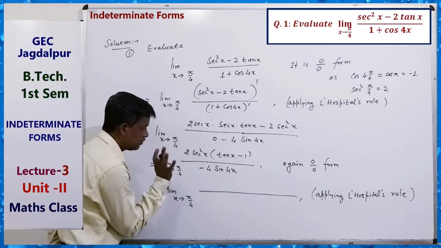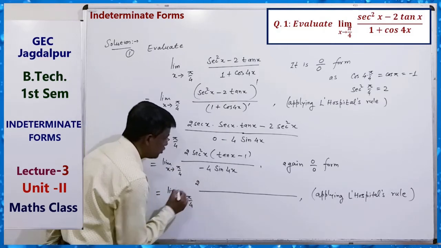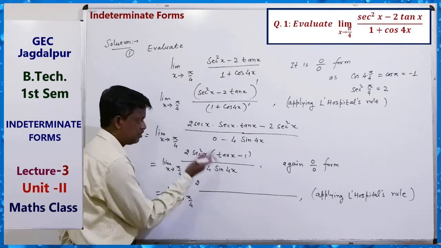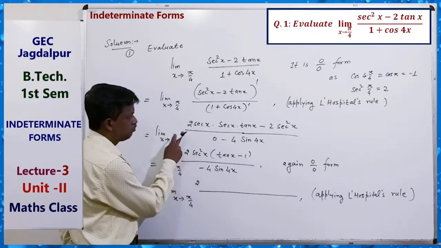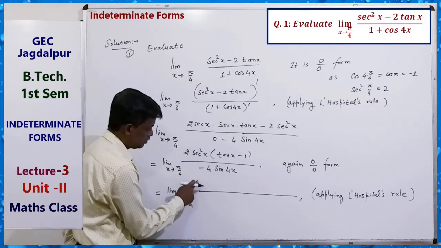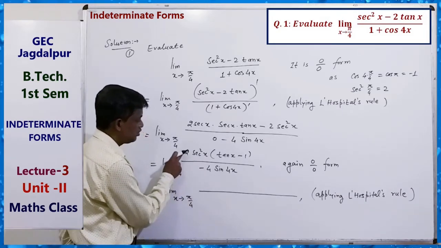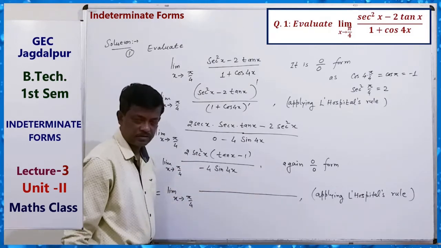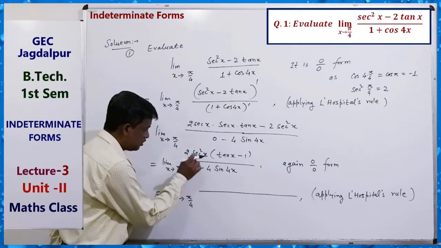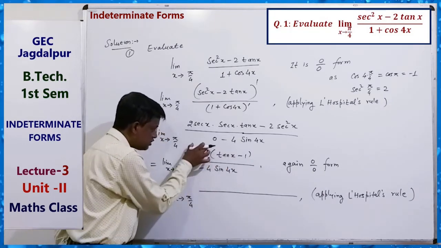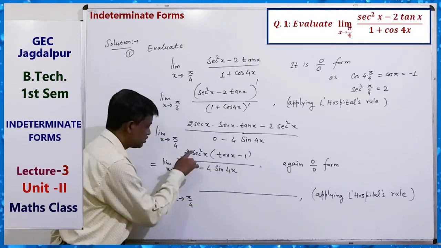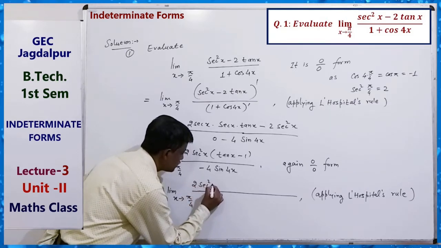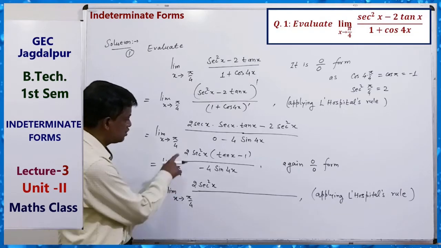Okay, so here 2 can be cancelled out, so just here minus 2 sin 4x. Just first function, second function. This is first function, this is second function. Differentiate. So first function differentiation means 2 sec square x. Just this 2 is cancelled out by this 2.